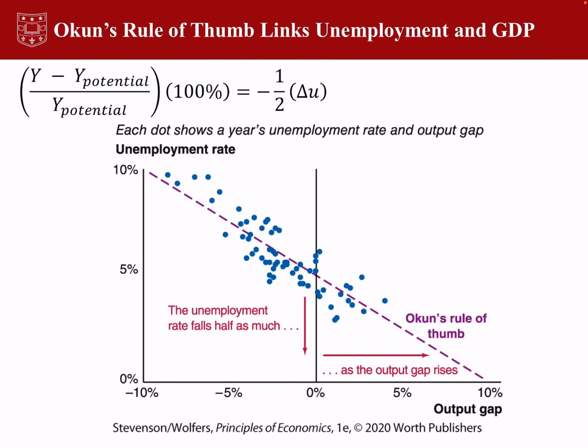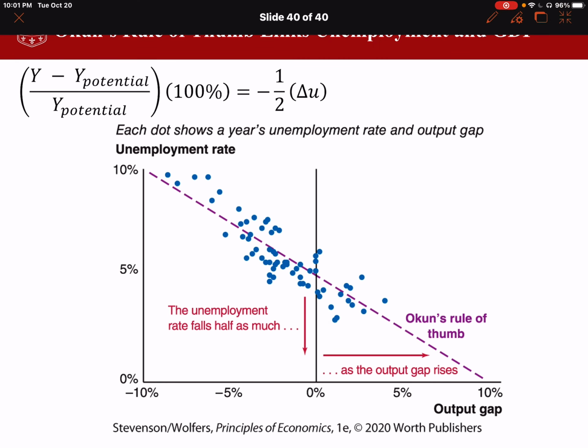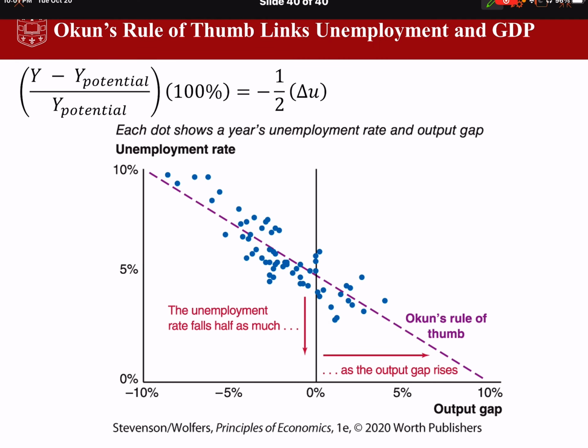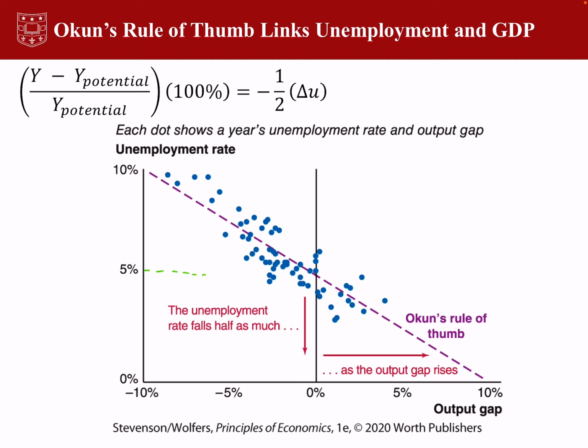So what this picture shows is actual real live US data, depicting the line of best fit for Okun's rule of thumb. And so in my example, we had literally this going on. We said, suppose initially we have an output gap of 0%. We're at full employment, and that full employment is consistent with an unemployment rate of 5%.